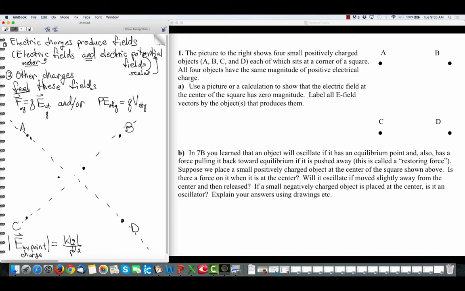Well, I've gotten closer to A, so the electric field by A is going to be a little bigger than it was.